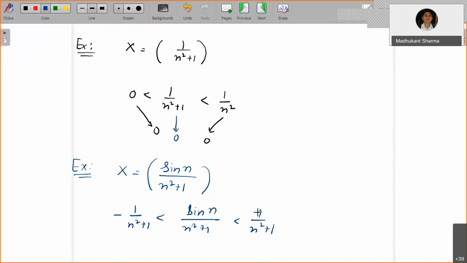Now you can show that 1 by n square plus 1 tends to 0, and then use the sandwich theorem here to imply that this limit also exists and is equal to 0.